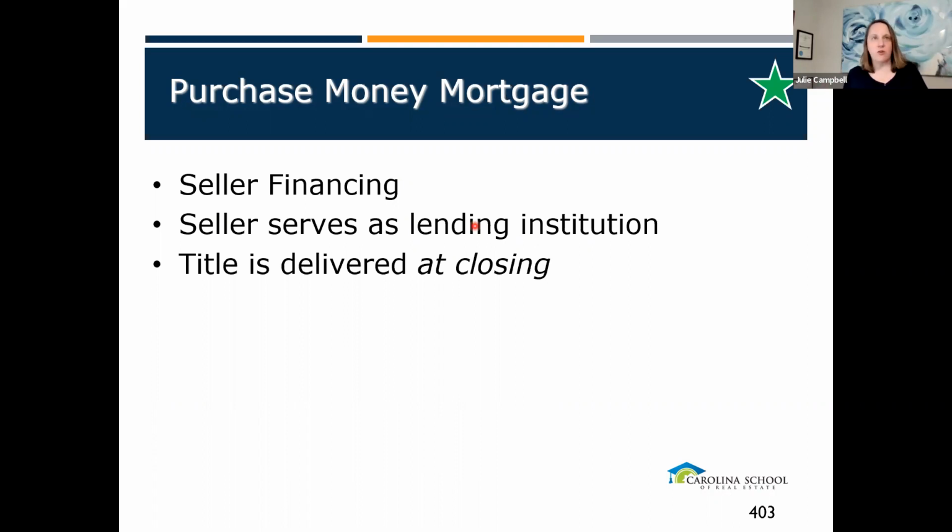With a purchase money mortgage, the deed changes hands at closing. With installment financing, the deed changes hands when the last payment is made. In both cases, the buyer's paying the seller agreed upon mortgage payments. We got to agree to all those terms. The difference between the two is when the deed changes hands.